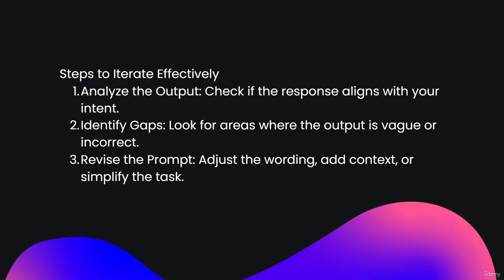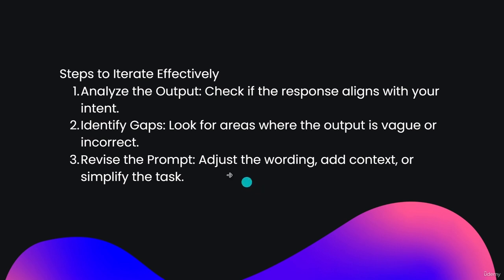First, I write a simple prompt. After that, AI will generate some output. Then I analyze the output, whether it has any incorrect or unclear data. Then I identify the gaps, that is inaccuracy or anything like that. After that, I revise the prompt: I ask a follow-up question, or I change the previous prompt to get the best output. So that's it for this.